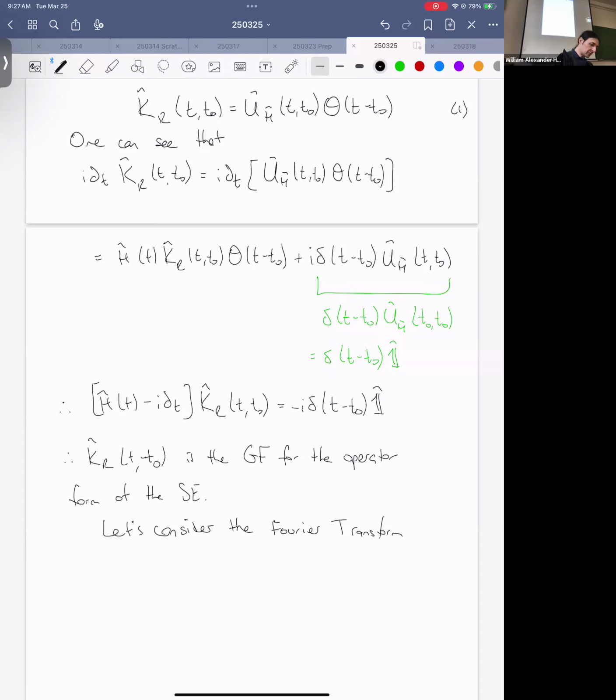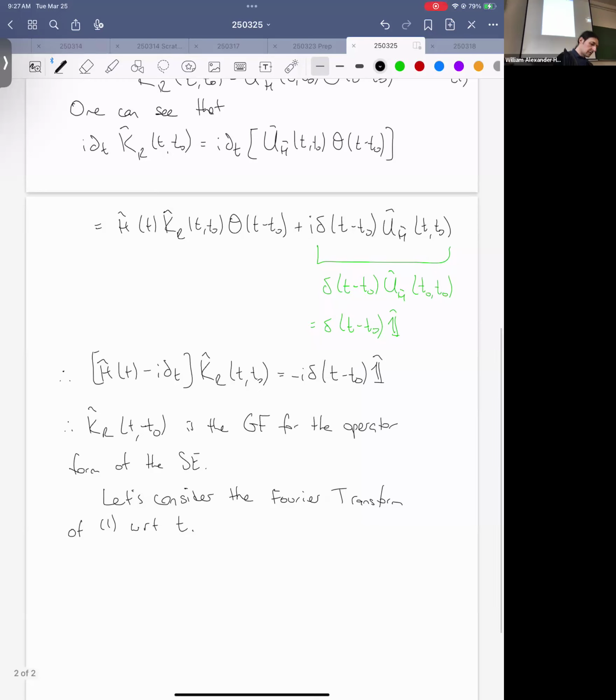So let's consider the Fourier transform of 1 with respect to t. And our manipulations will only really make sense for a time-independent Hamiltonian. So we'll use that.